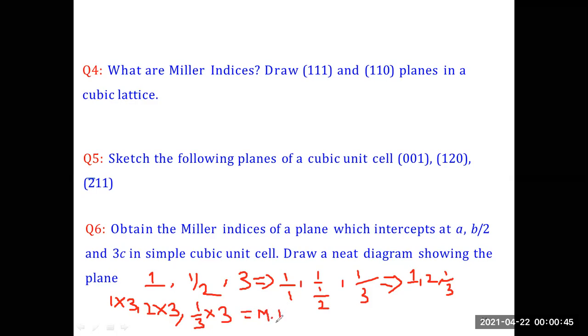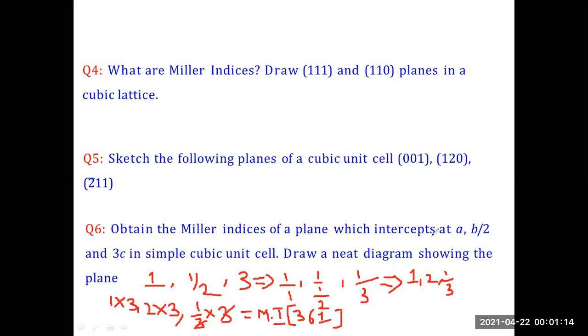So what will I get? I will get the Miller indices. The Miller indices will always be represented like this: 1 into 3, I have to write here 3. Remember, I am not writing commas. 2 into 3 is 6. See, I have written 6. And this 3, denominator and numerator, will get cancelled. So what is remaining here? 1. So this is the Miller indices.